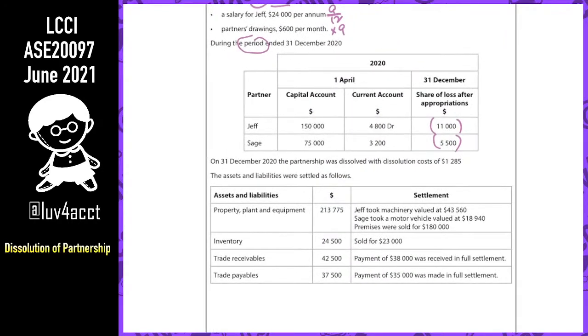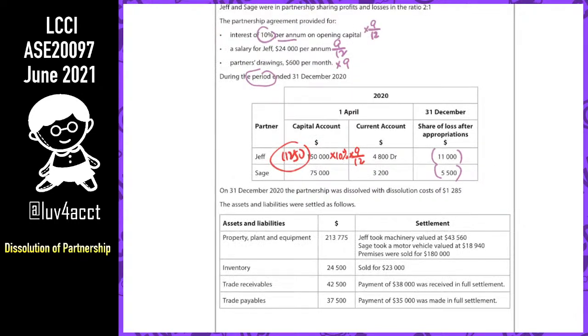You have 10%, so 10% here, 9 over 12. Let us calculate 150. 10%, 9 months, 11250. Let us remember this amount first.